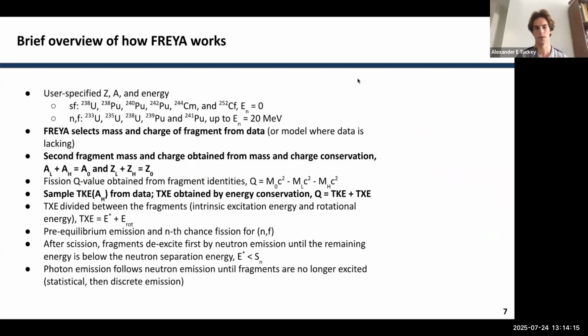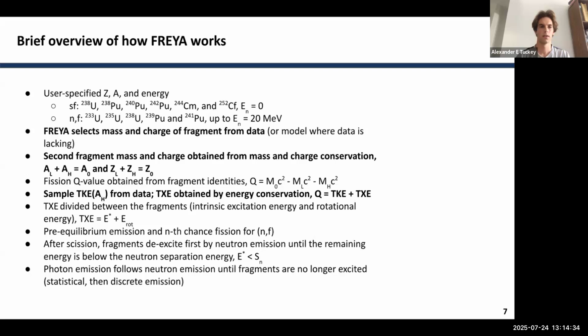So now I'll briefly go over how FRIA works and walk you guys through an event generation. First, we have to specify the charge, mass, and energy of our target nucleus.